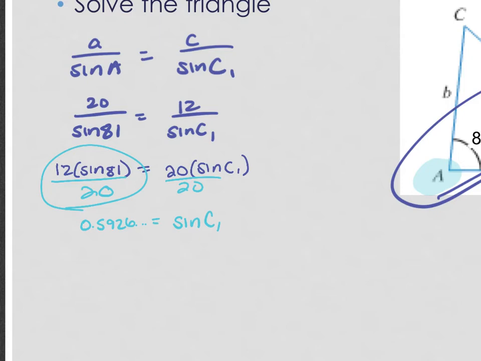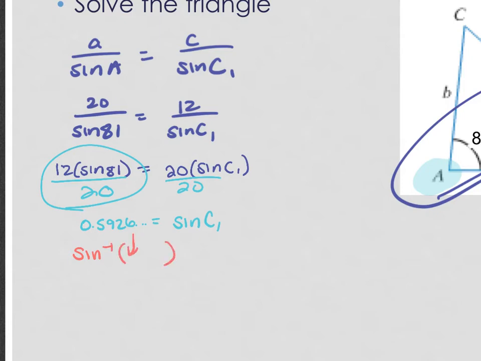So if I'm giving you the sine and I want the angle, what do we have to do? Instead of times it, go ahead: sine -1. Good. So I'm going to do sine -1 of that, and I'm not going to round it.